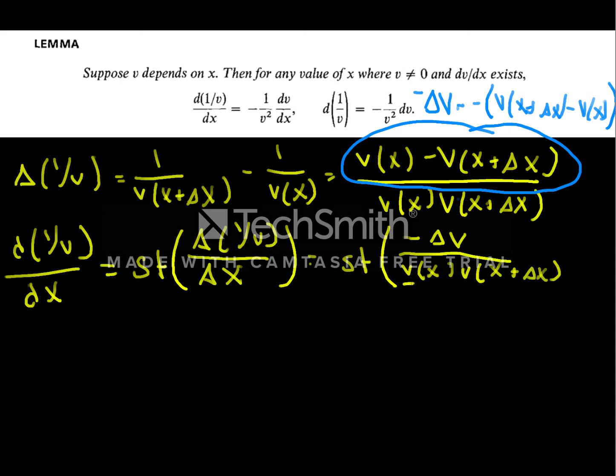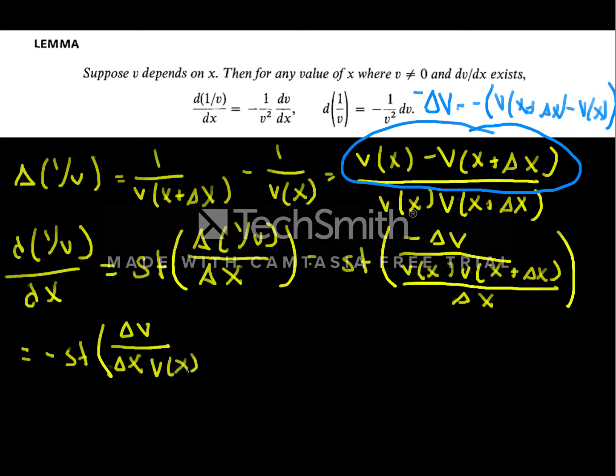All that, of course, divided by delta x. And simplifying that fraction, and I'm also going to pull this negative out, this is equal to negative standard part of the change in v over the change in x times v of x plus delta x.